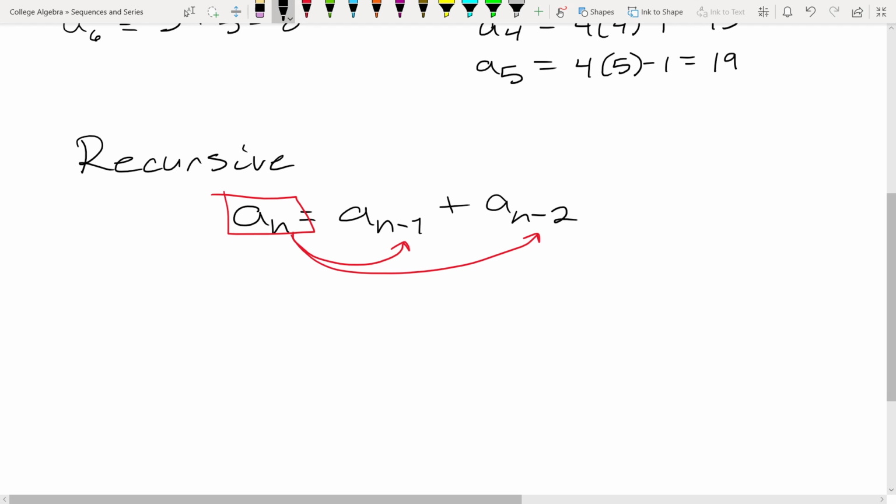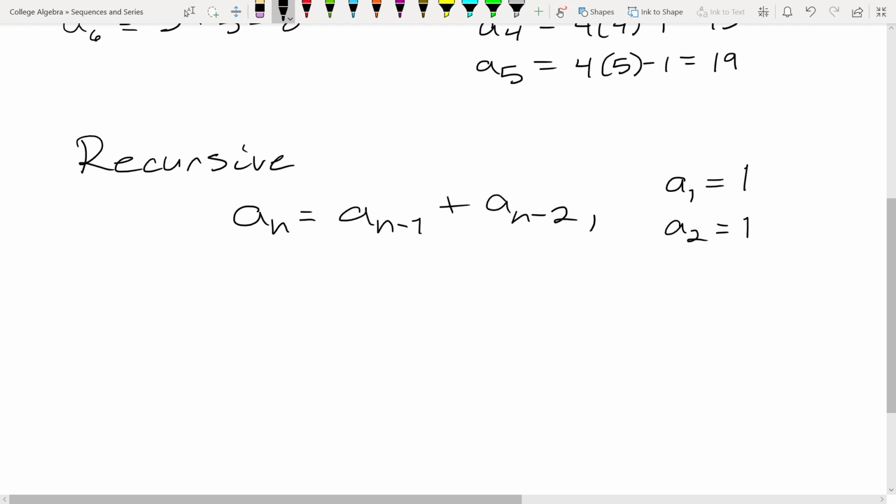All right? And the only way you can have a recursive sequence is if you have a starting point, because obviously, where do we start with this information? And so that's always going to be given. If it's not given, then you can't do anything with it. But for the Fibonacci, we can write these as our starting points.